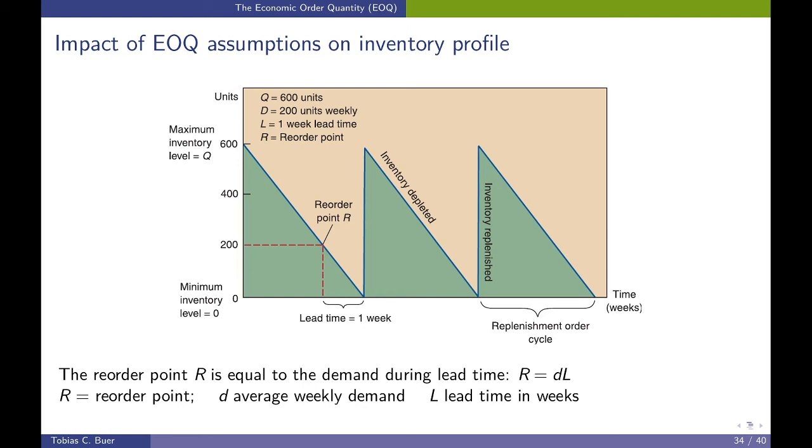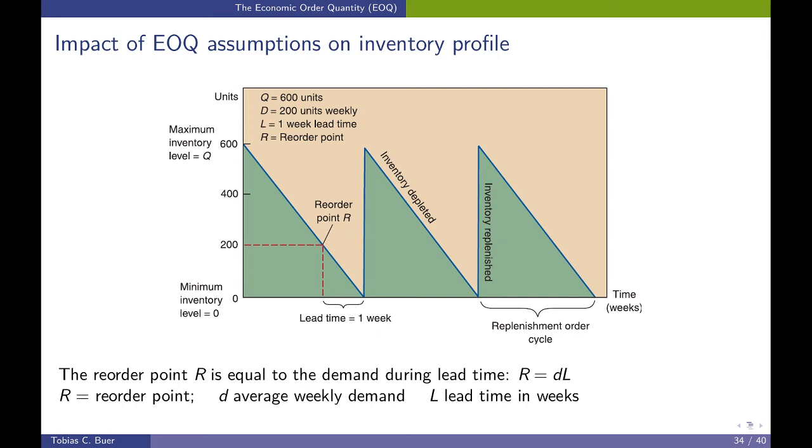For this example, the ordering quantity is Q, big Q, which is 600 units. And this is at the same time our highest possible inventory level, our maximum inventory.